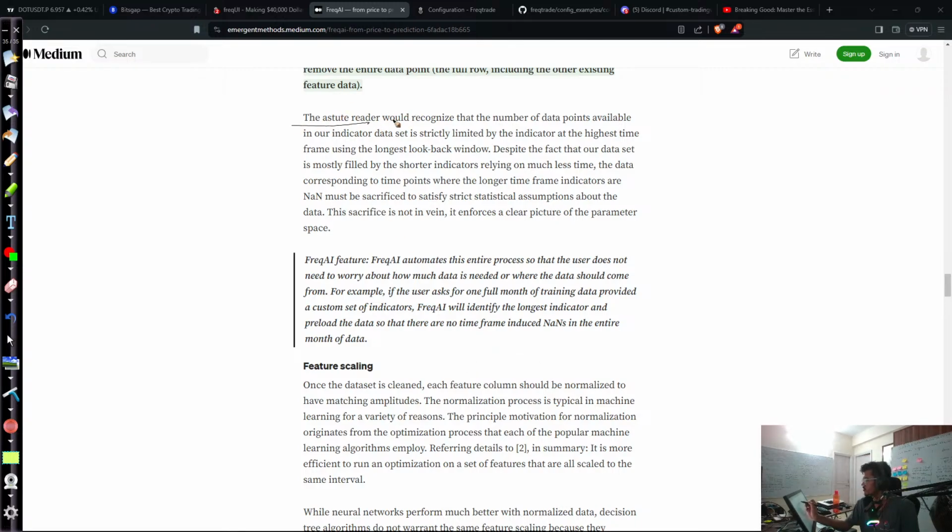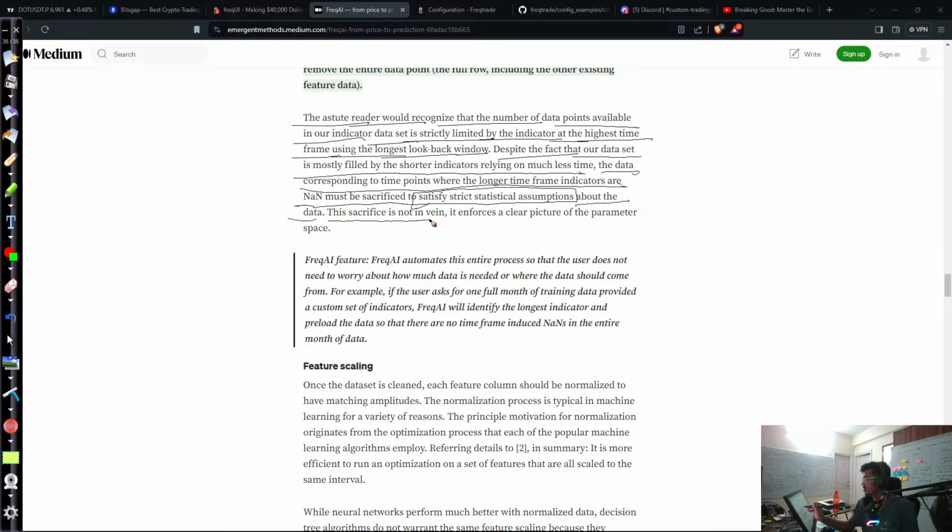The astute reader would recognize that the number of data points available in our indicator dataset is strictly limited by the indicator at the highest time frame using the longest lookback window. Despite the fact that our dataset is mostly filled by the shorter indicators relying on much less time, the data corresponding to time points where the longer time frame indicators are NaN must be sacrificed to satisfy strict statistical assumptions about the data.